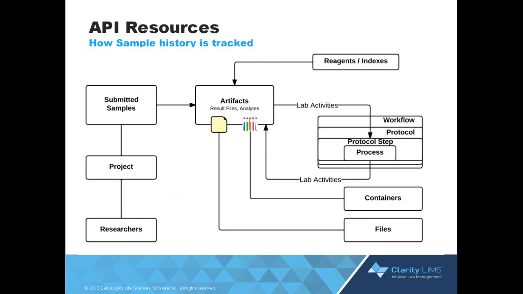A project is also the container for samples that are submitted at the beginning of the project, and those samples get turned into artifacts, and then we have the main loop that occurs with artifacts, which involves processes, and this is something that will be covered in some detail in module 4. We just wanted to introduce this diagram and have you take a look at it here and check that it makes sense.